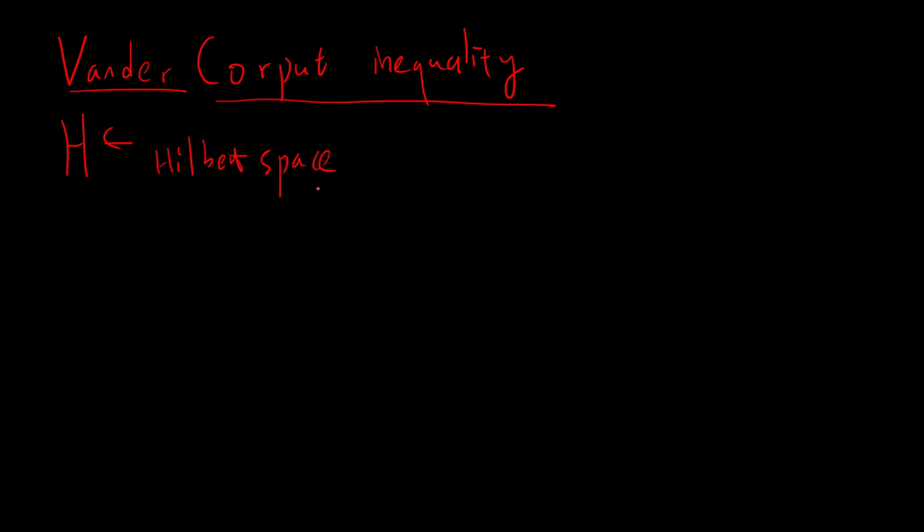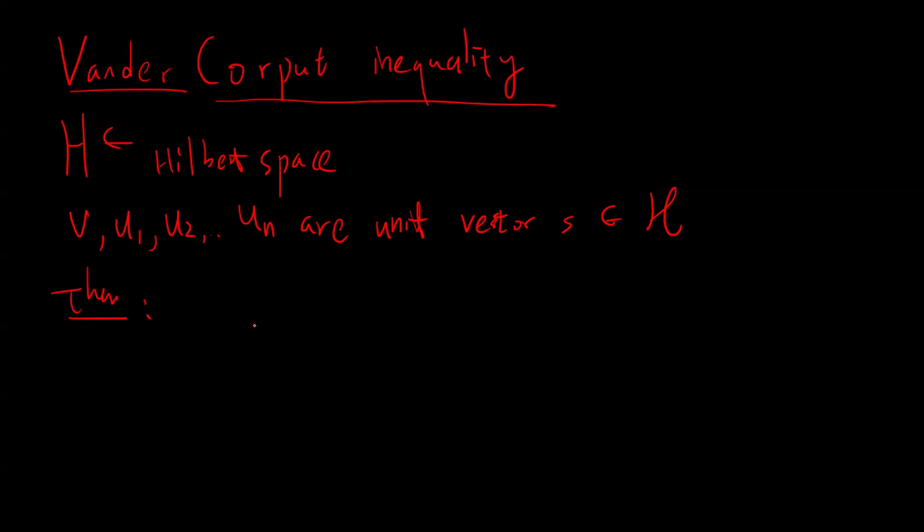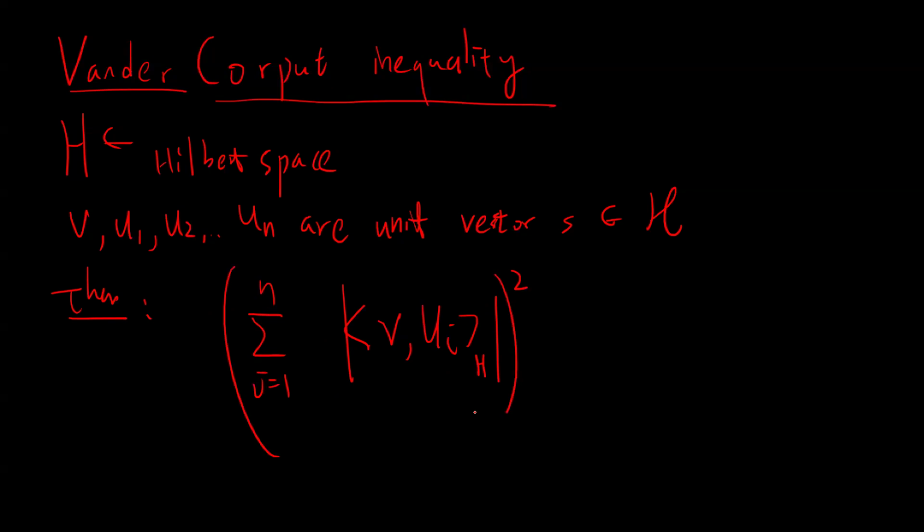Let V and U1, U2, up to UN be unit vectors belonging to H. Then if you take V with Ui, compute the inner product, and square it, this is tricky. You sum over all the inner products and take the square.